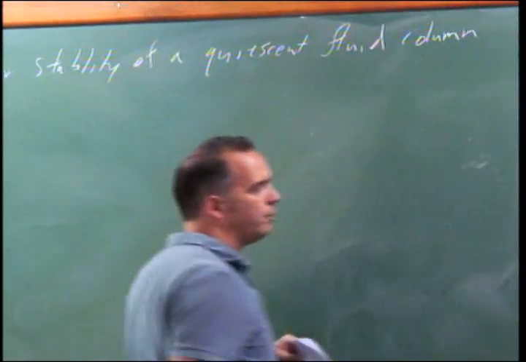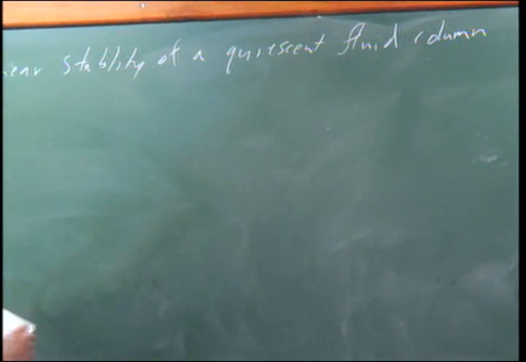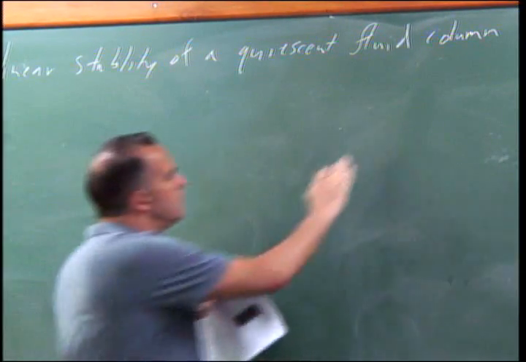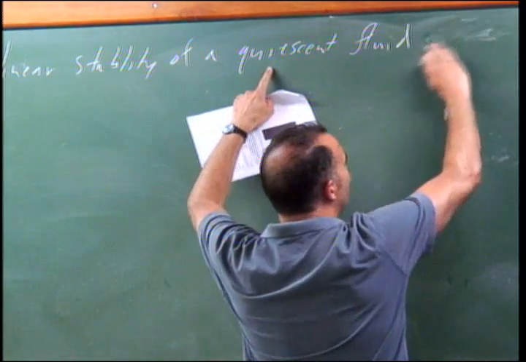Okay, so we're starting with the fluid column. A cylinder. Quiescent just means not moving.